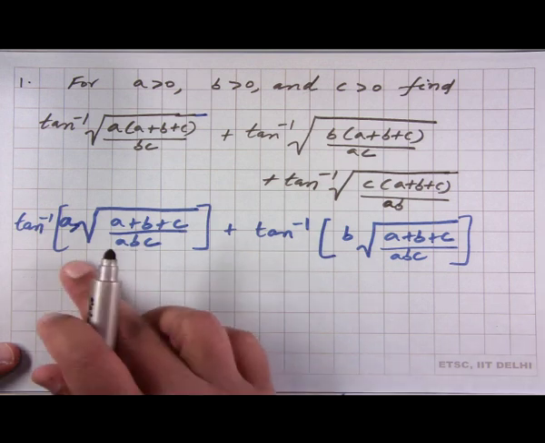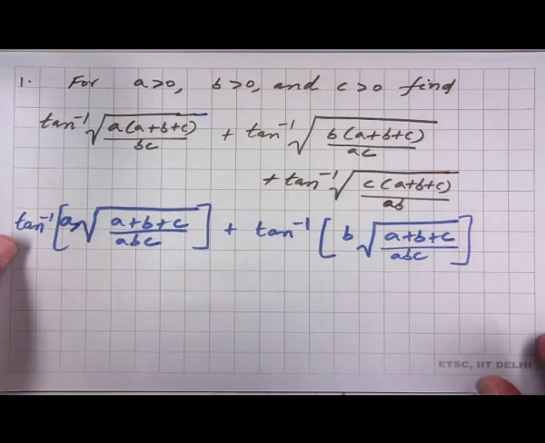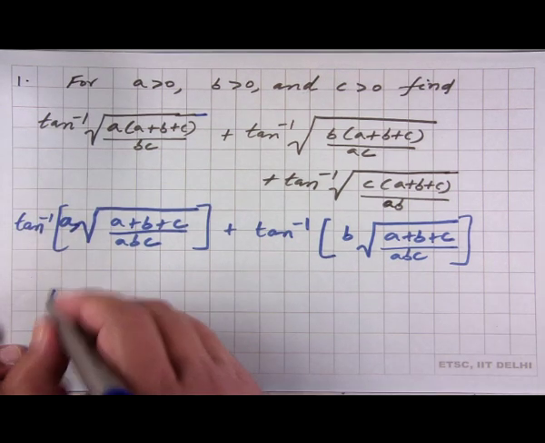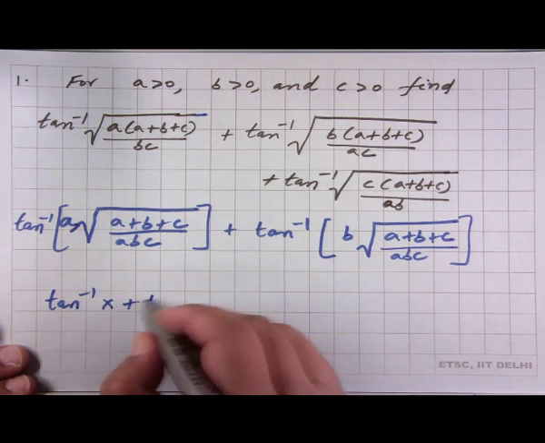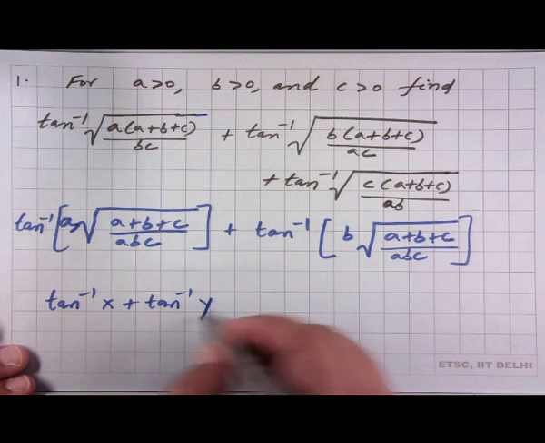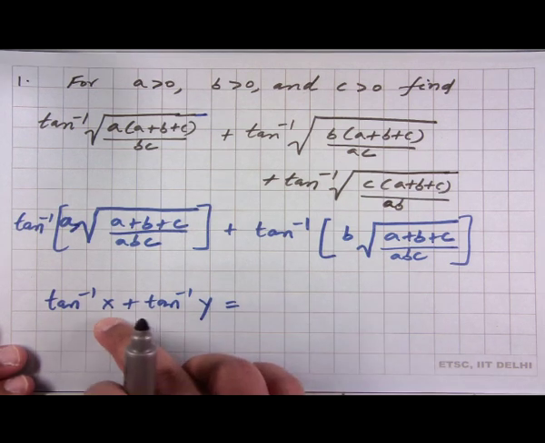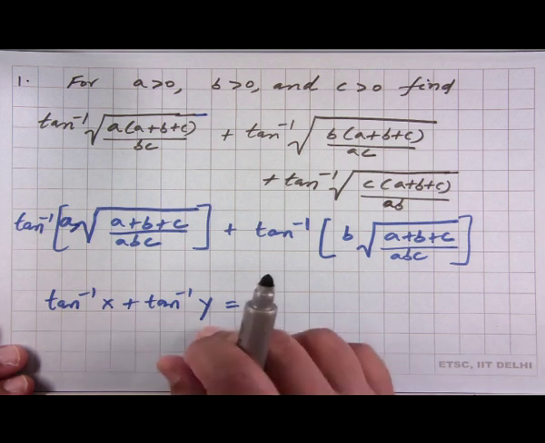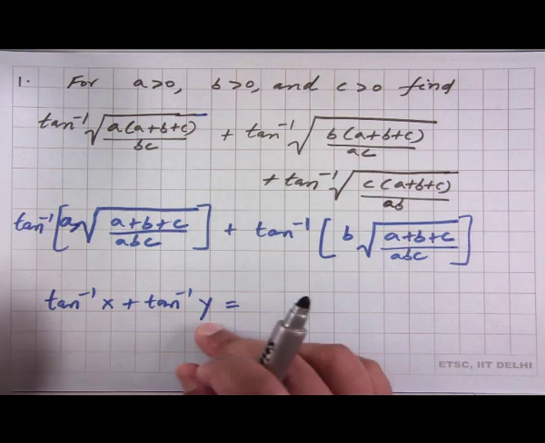So for the tan inverse x plus tan inverse y formula, let me just recollect that. This value will depend on the sign of x and the sign of y, and also on the value of the product xy.